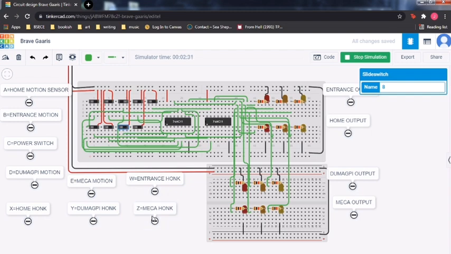Next, at the Mecca output, first let's turn on the power switch, the Mecca motion, or the E, and the Mecca honk, or Z. No output at the Mecca, but the light is red at the entrance, meaning there is very high risk in passing through the blind curve, because the Mecca output is close to the blind curve, which could cause accidents if there is no early warning that a car is present in the Mecca output.